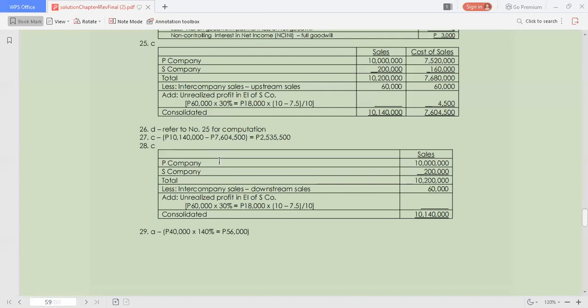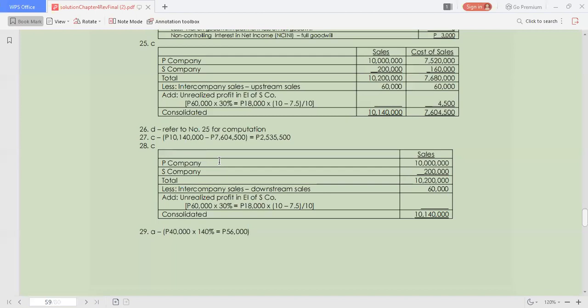So the consolidated gross profit in number 27, 10,140,000 minus the consolidated cost of goods sold. So number 27 is C.